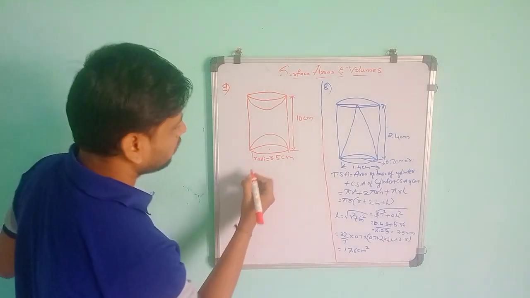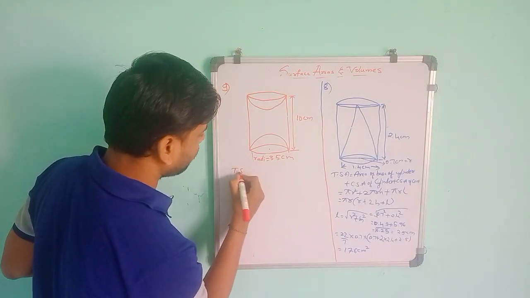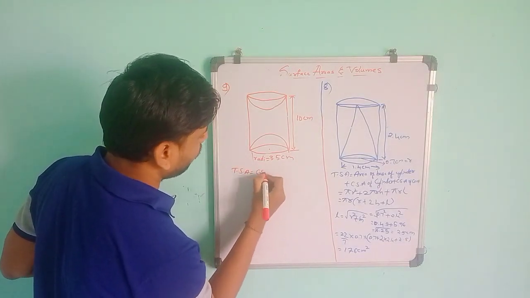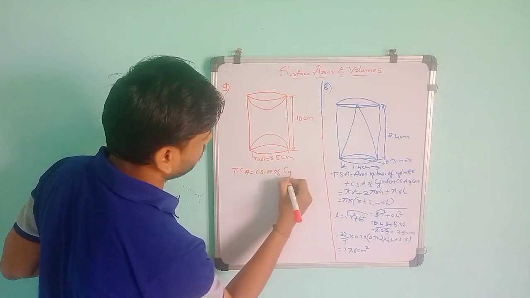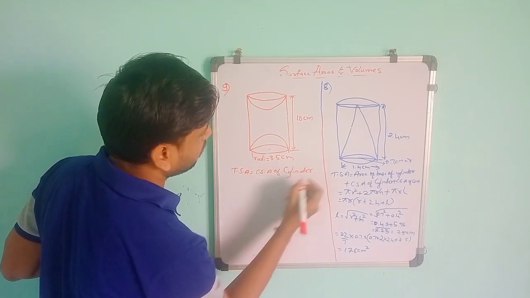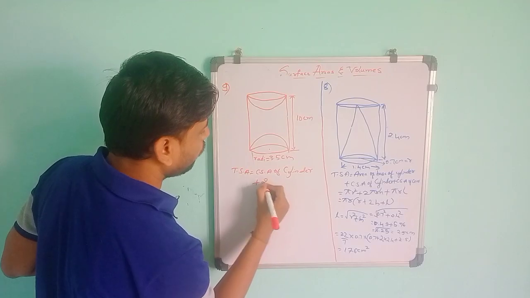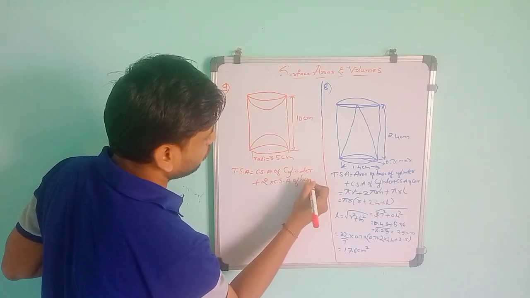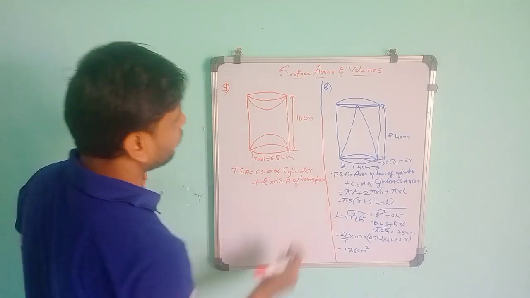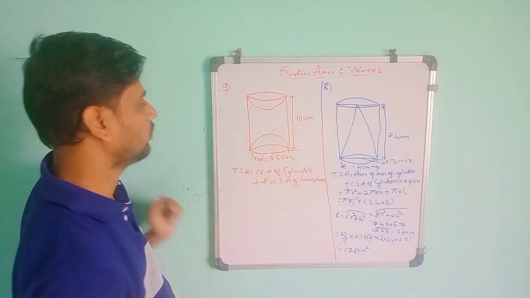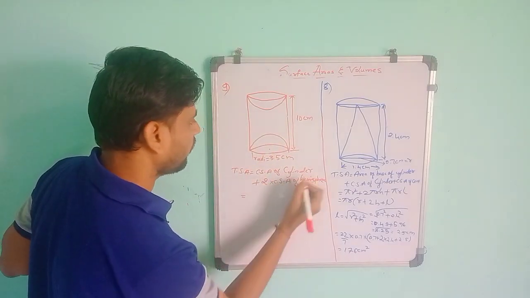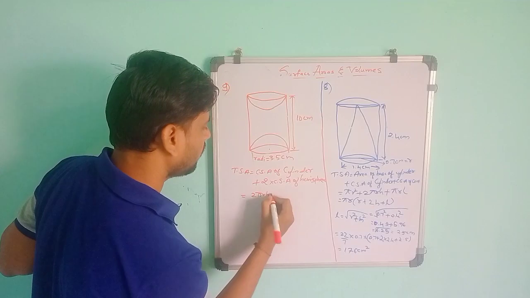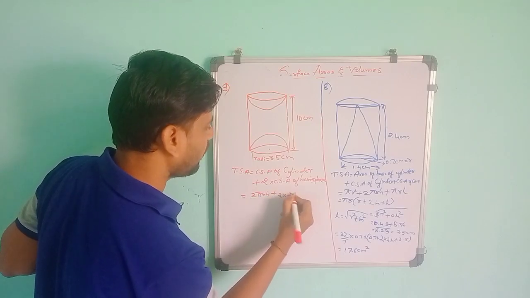So this is the radius. Total surface area is equal to the curved surface area of the cylinder plus 2 into the curved surface area of the hemisphere, because we have two hemispheres, since one hemisphere is scooped out from each end. The curved surface area of the cylinder is 2 pi r h, and the hemisphere part is 2 into 2 pi r square.